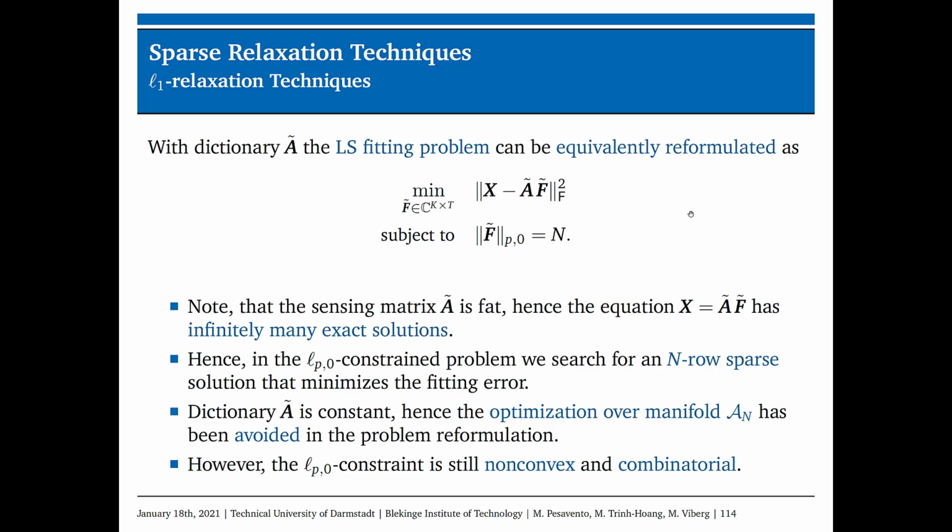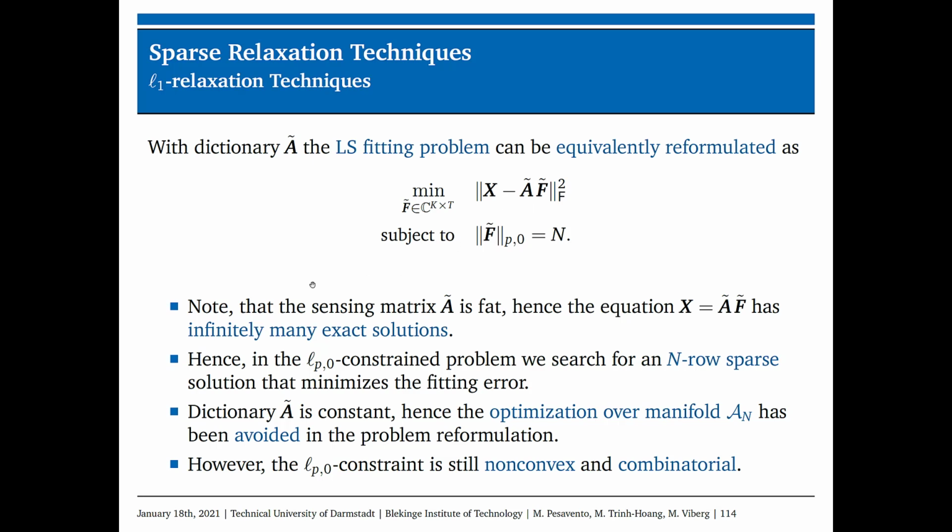With this definition of the mixed norm, we turn our attention to the least square fitting problem introduced before, where we match our measurements x to our model. Now we use the extended model with a fixed dictionary A tilde, and we search for the best least square match of the data x with the product A tilde times F tilde.